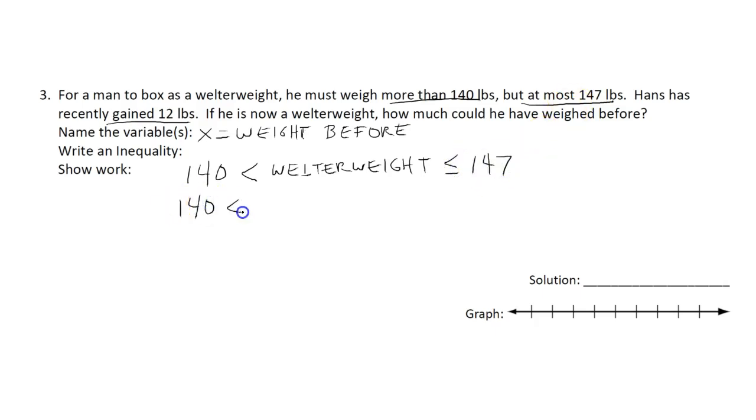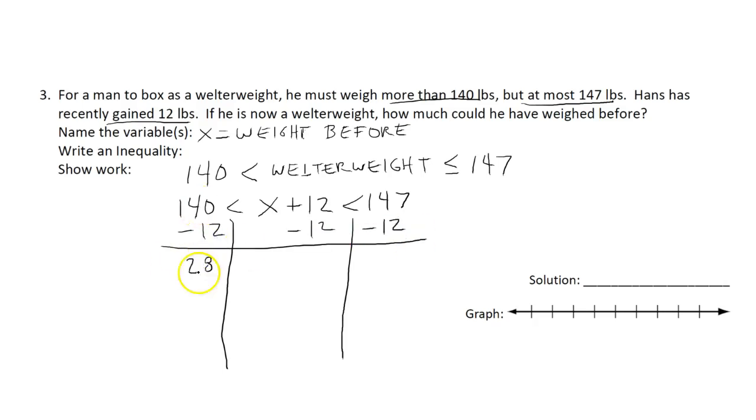To fill in the middle part of this, we need to remember that Hans weighed something before and then gained 12 pounds to become a welterweight. So his weight before plus 12 pounds is his welterweight. Now we solve this inequality by subtracting 12 from each section. This gives us 128 is less than x, which is less than or equal to 135.